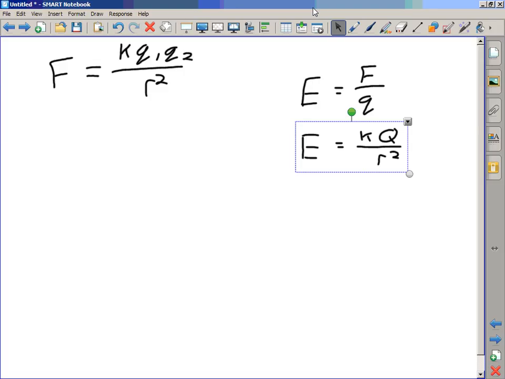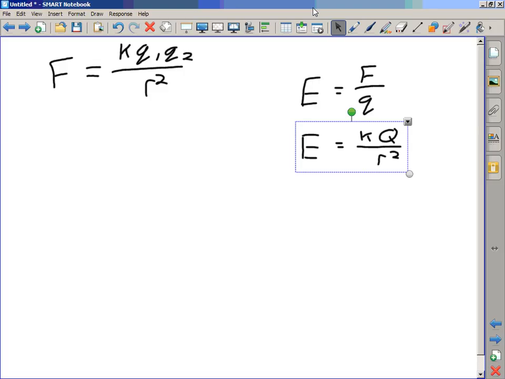Now, this equation down here will heavily be used if you don't know of a charge at some location in an electrical field that's getting pushed around. You don't know anything about somebody being pushed. There's not a charge at the location you're looking for. It's just an X off in space.